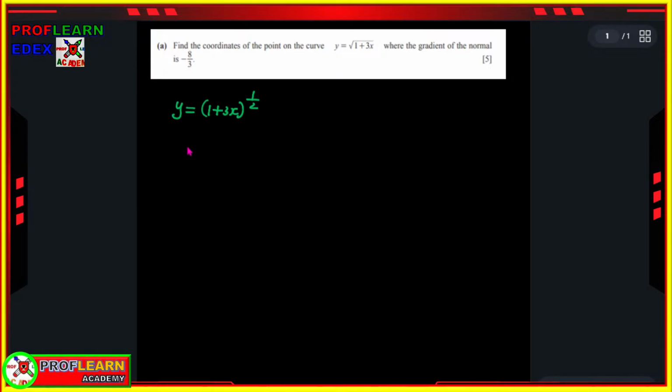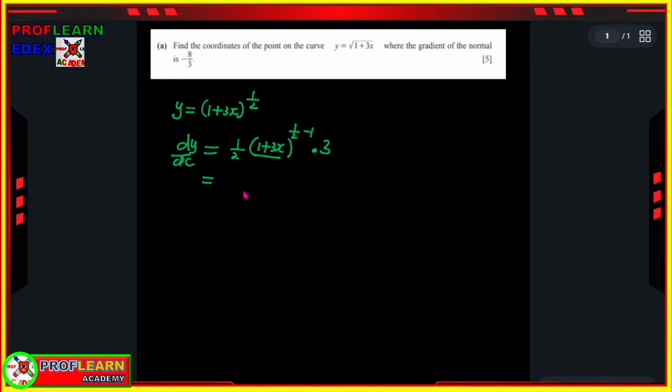Then for you to differentiate this, dy/dx is going to be equal to, we shall take the power down, we shall have 1 over 2 into (1 plus 3x). Then we shall decrease the power by 1. Then again we differentiate whatever we have inside the bracket, and that is going to become 3.